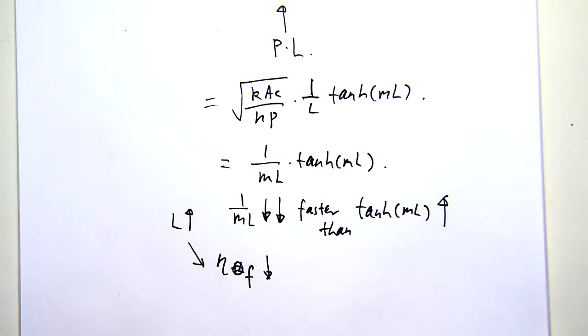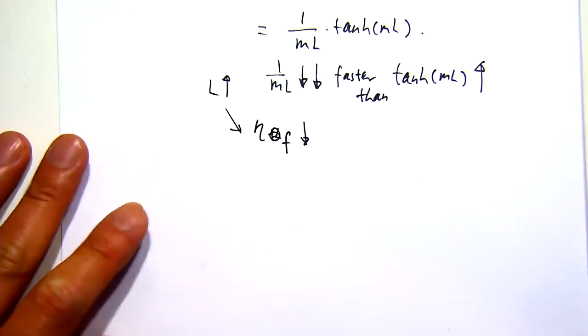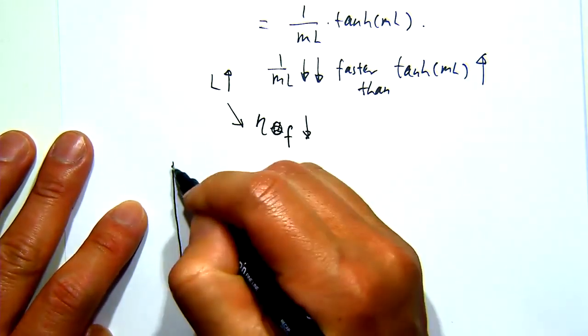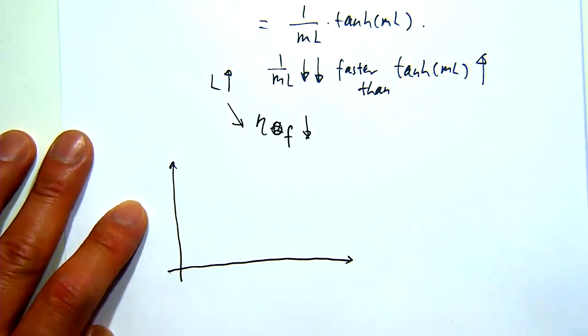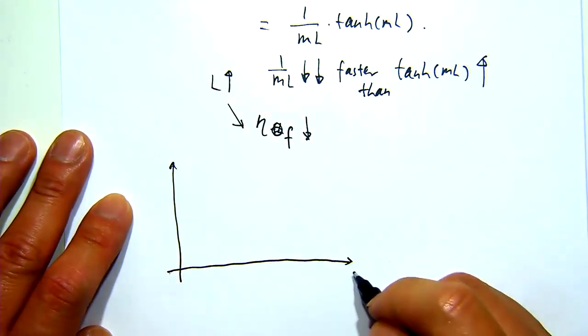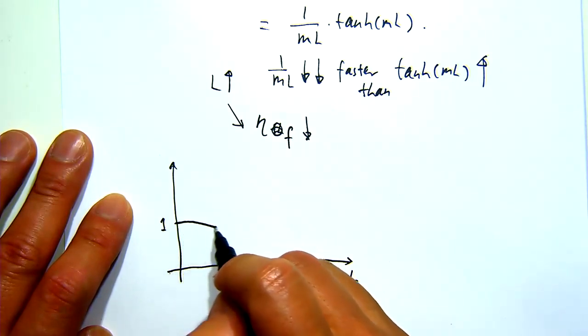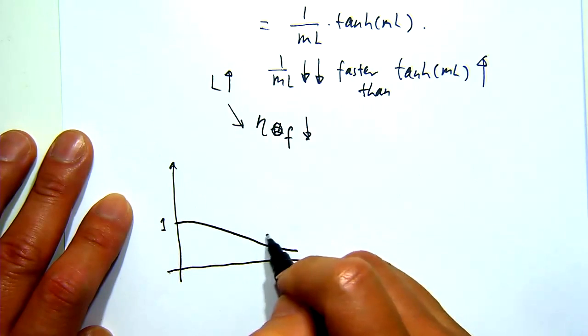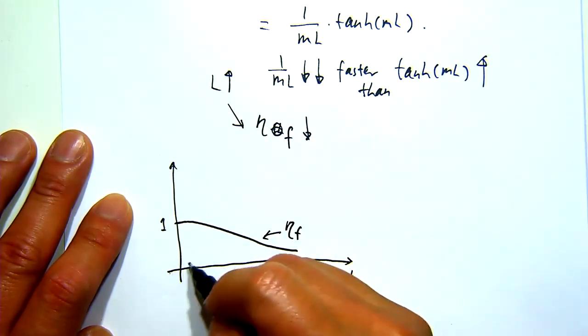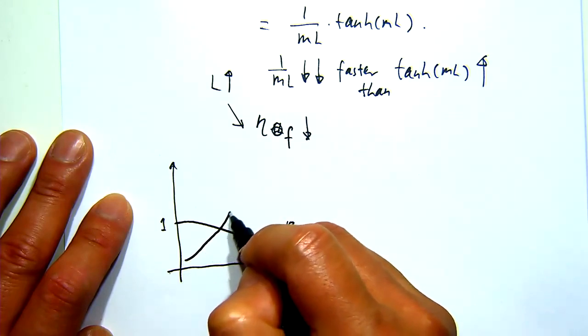That's saying that even though the longer fin will make the heat transfer process more effective, which means the epsilon will increase, the efficiency will decrease. If I can draw this, these two will vary in opposite ways in terms of length. If this is a 1, it drops like this. So that's the efficiency, and the effectiveness is going up.